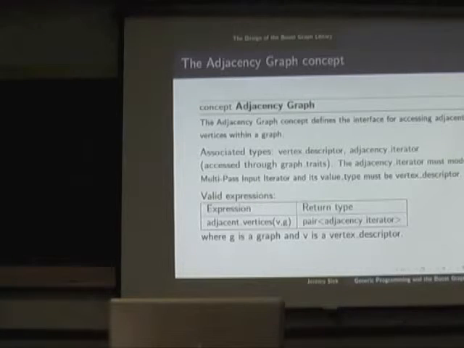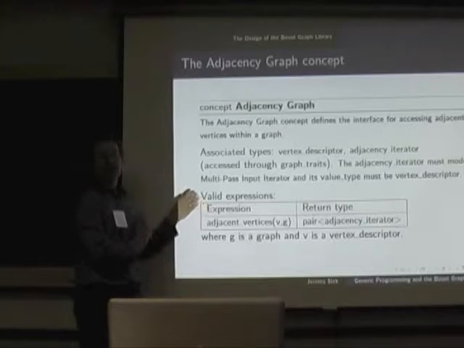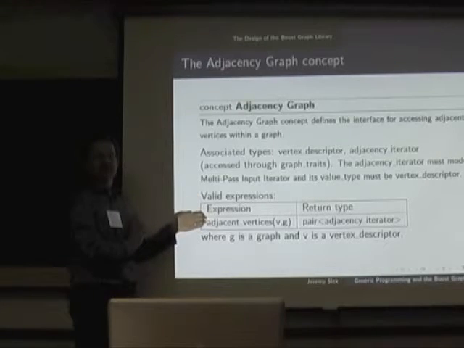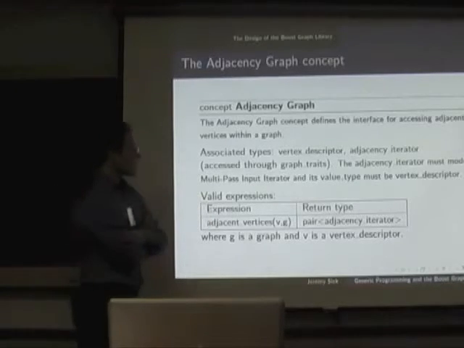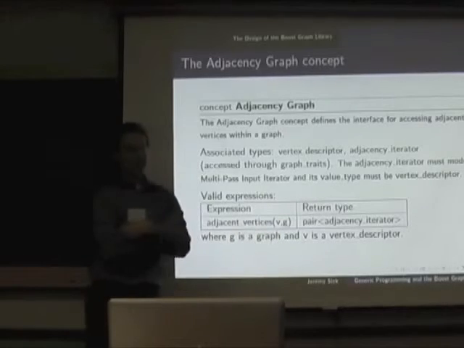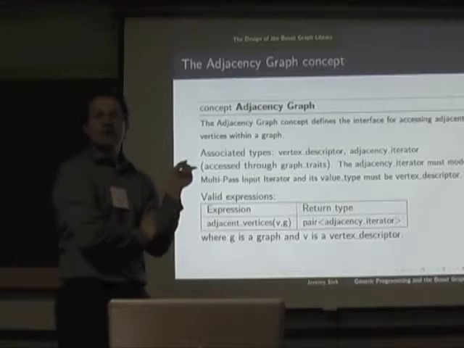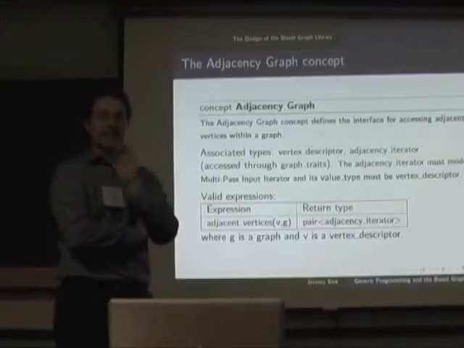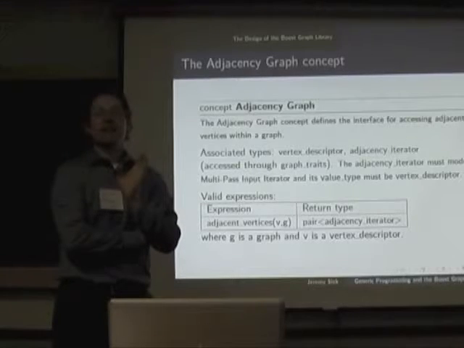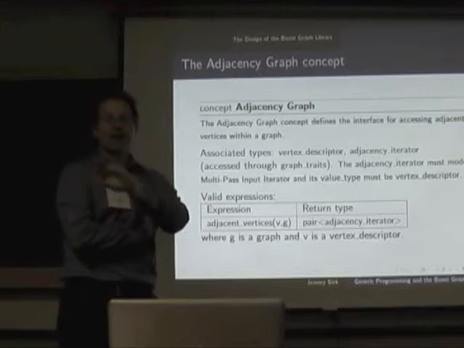I have to have a way of accessing or asking for the adjacent vertices. You have to be able to iterate them, but do you have to get a pair of iterators? What I would say is that there's only a syntactic difference between this and any other thing you'd care about, and these syntactic differences are very easy to gloss over and fix.